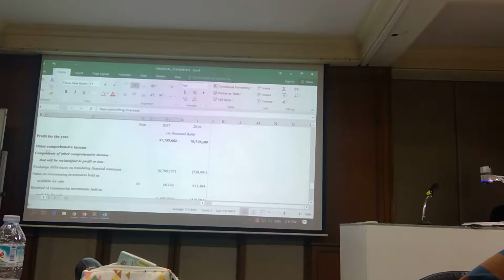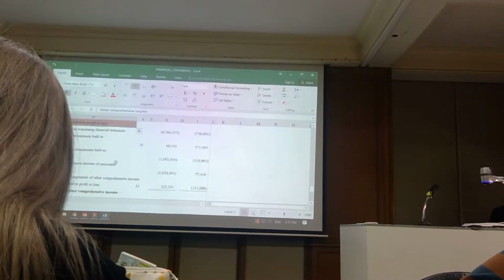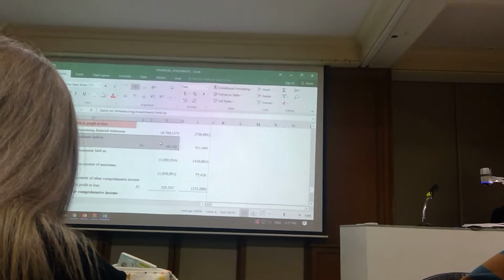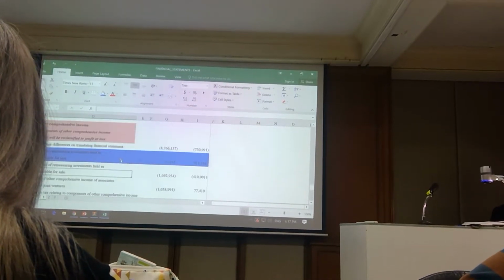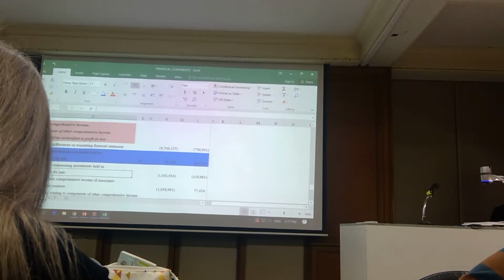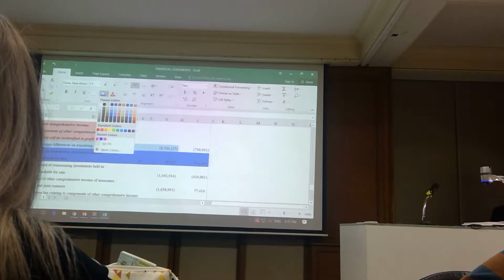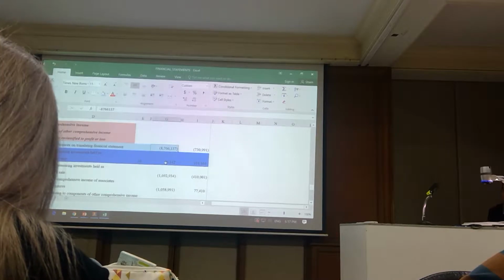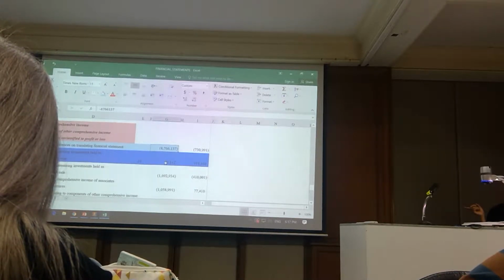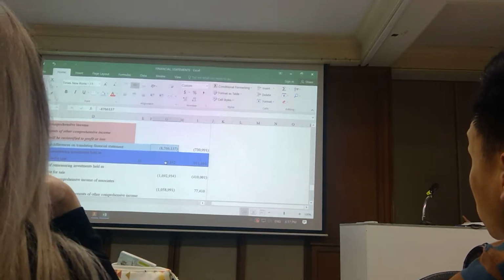And when you're looking at the OCI part, this is what you learned before: mark to market for available-for-sale investments. Today you're going to learn a little bit more about translation gain or loss right here, which is from accounting standard number 21. For SCG, in this case, they have subsidiaries in foreign countries, not only in Thailand.